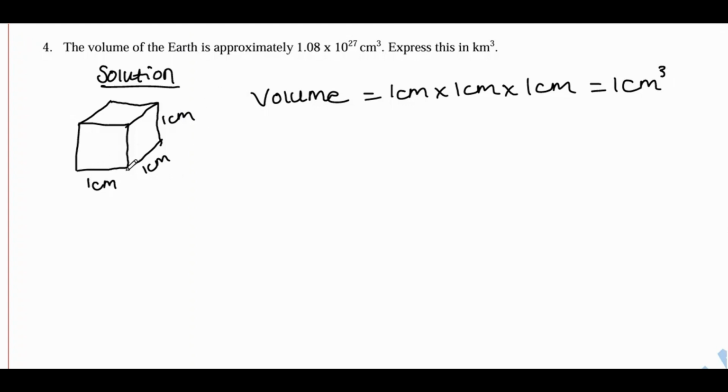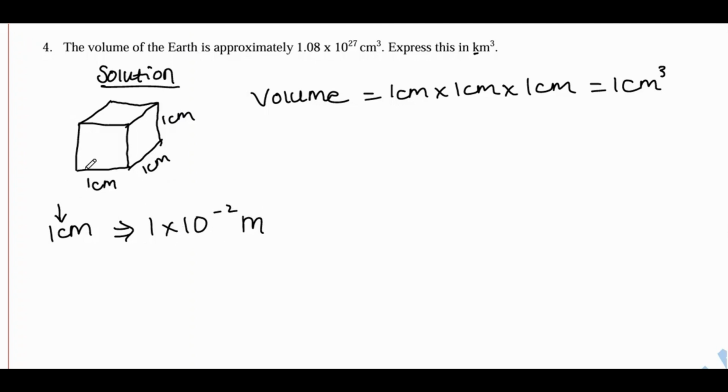Now I want to express this length, the width and the height in terms of kilometers, which are linear or units of the first degree. Now I have 1 centimeter here and I have to remove this prefix first before I can introduce K, which is the prefix in which we need our length. To remove a prefix, we substitute the symbol of that prefix with its factor. This means 1 times 10 power negative 2. Now 10 power negative 2 substitutes C, but the base unit remains as meters because we are measuring the length.